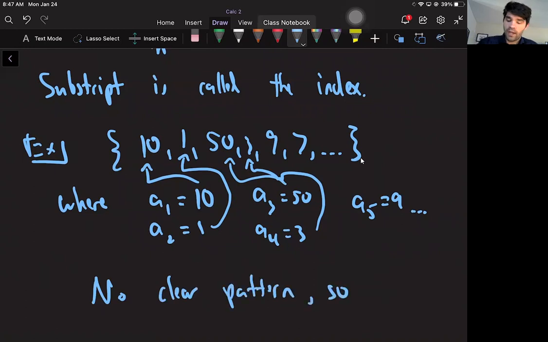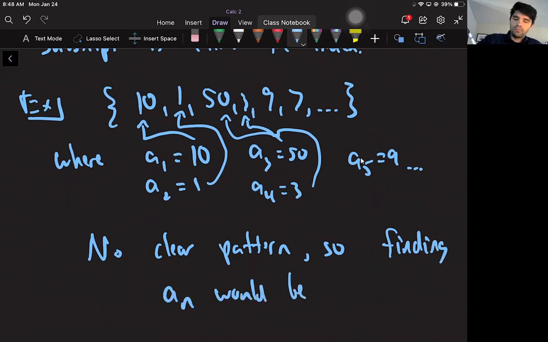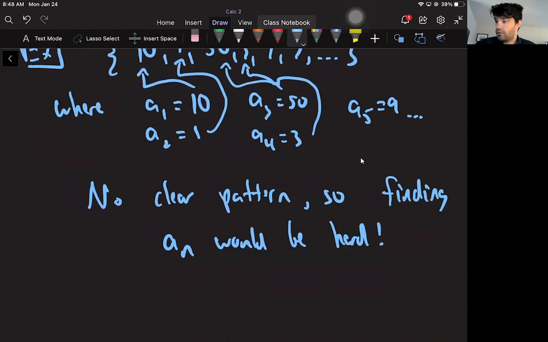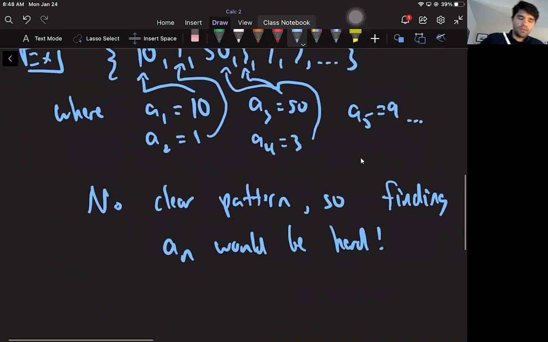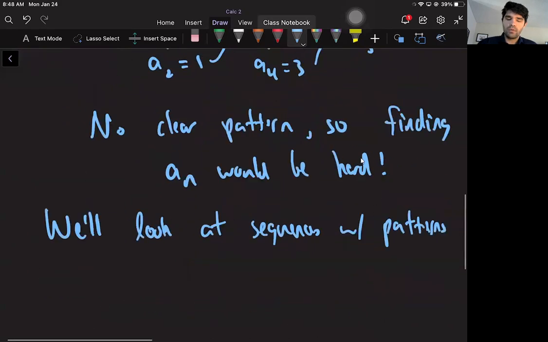So if I asked you what's the nth term, which is often what we have to find, it would be difficult. So in general, we're going to look at sequences that have more clear patterns. Okay, because if there's a pattern, then we can figure out what A_n is.